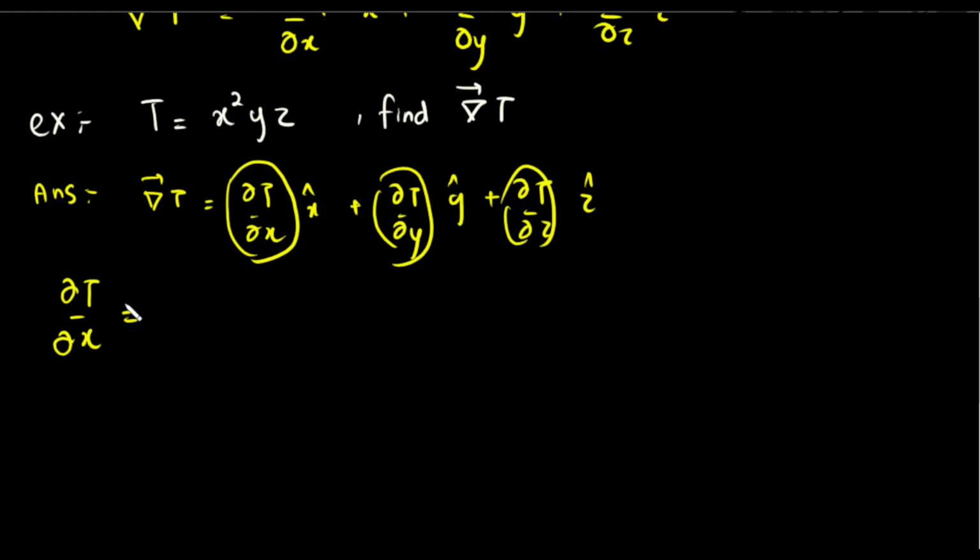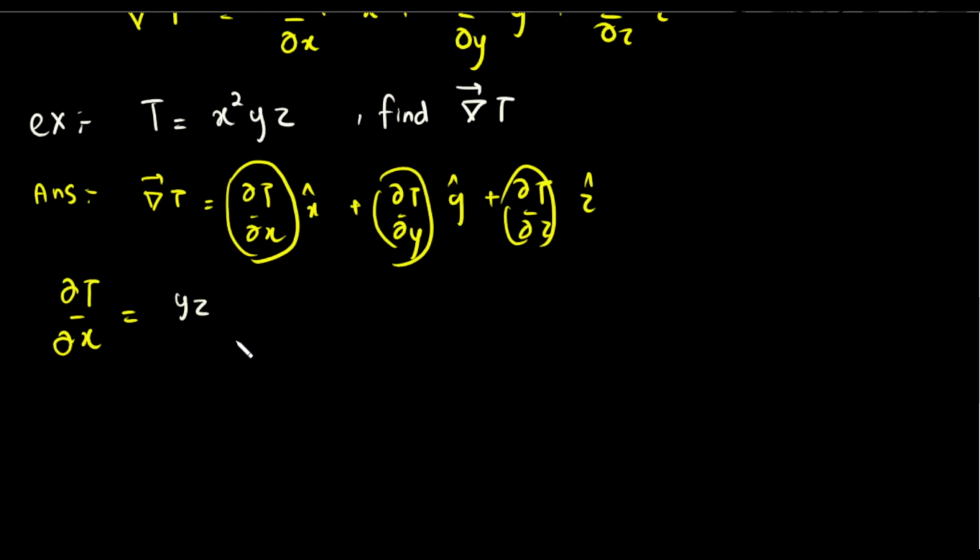When you have ∂T/∂x, that means you have to partially differentiate your scalar with respect to x. So you have x squared yz, and you have to differentiate with respect to x. That means you have to keep the other variables constant. These other variables are y and z, so you keep them constant.